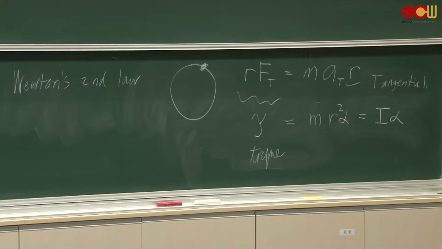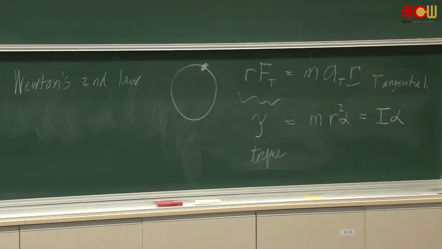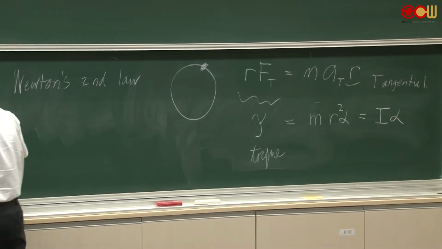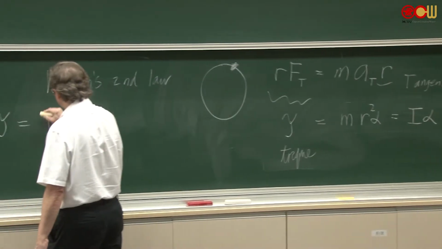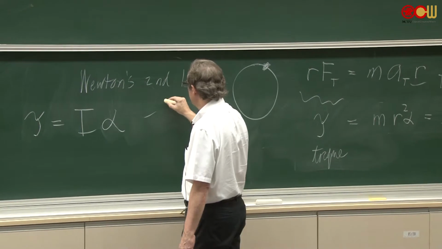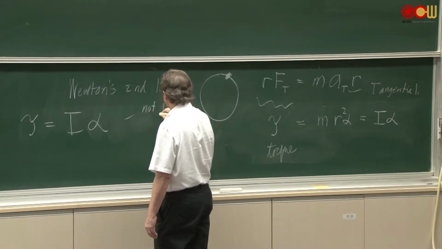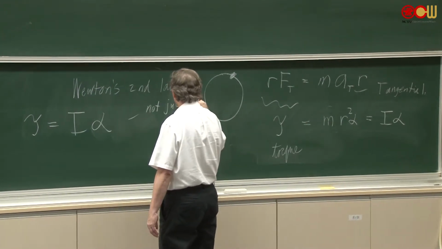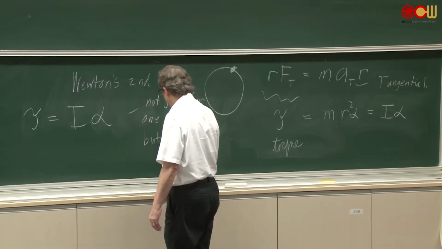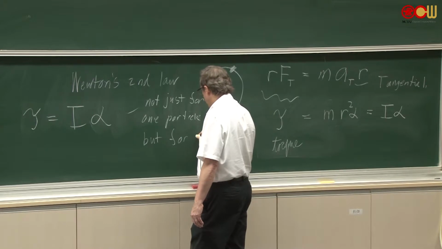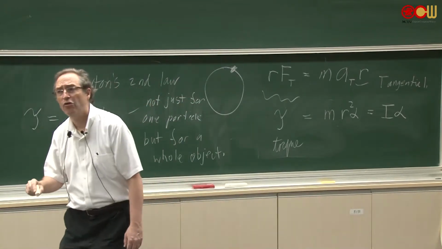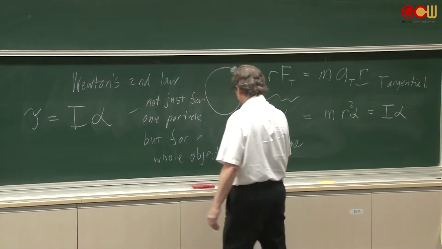And if I sum up over all the particles, let's say all the particles of my body, then I could say that this is also true in general. So this is true not just for one particle, but for a whole object. And really only a whole rigid object.